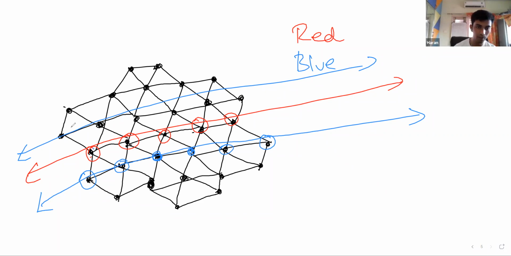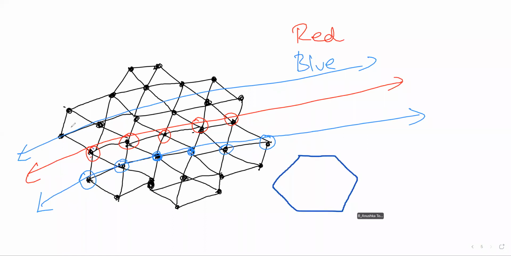Yeah, Anushka, you want to provide a counter example? Yeah, so can I annotate? Yeah, sure. Yeah, so it was something like this. So I took red and green.